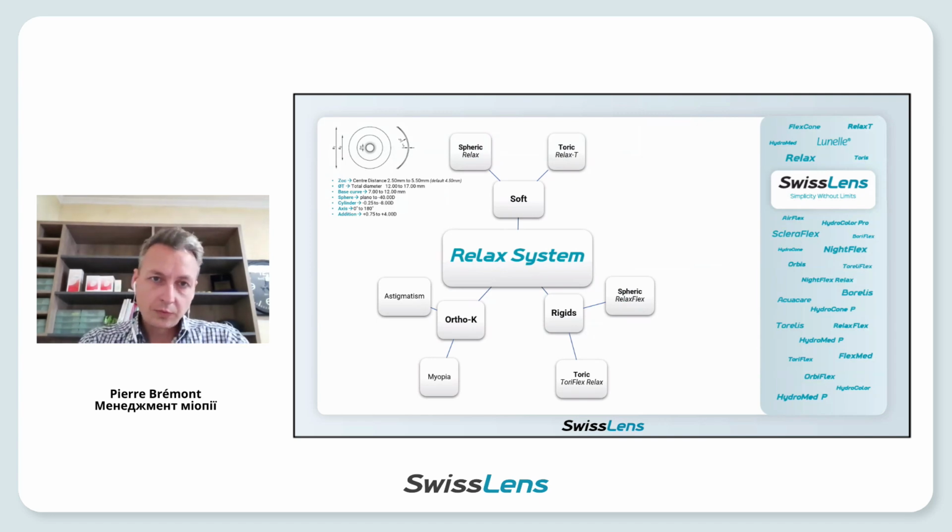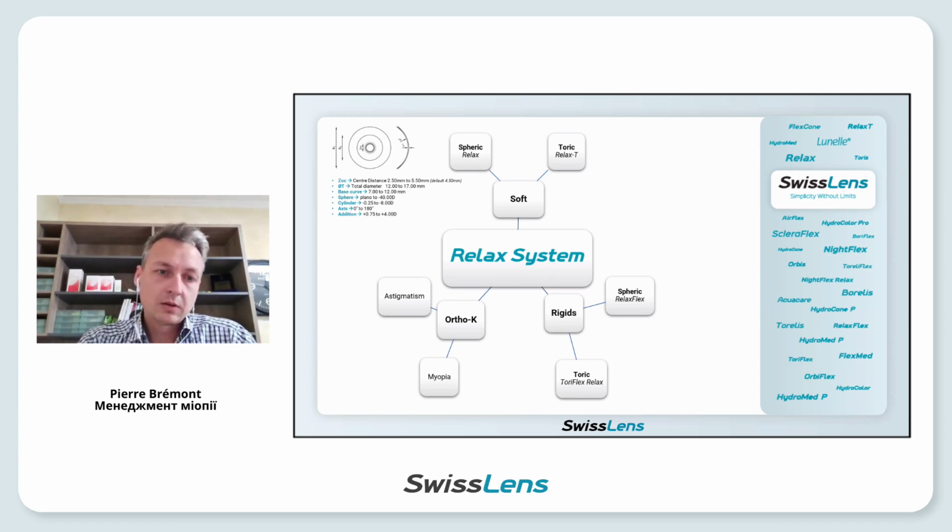So the first range of the Relax system is the soft one. Lisa told you it's available in 3 and 6 months. We have a lot of parameters, so you can do almost everything. All the myopes up to -40, but the goal is to treat the myopes before they are so myopic. So most of your patients will be early myopes.